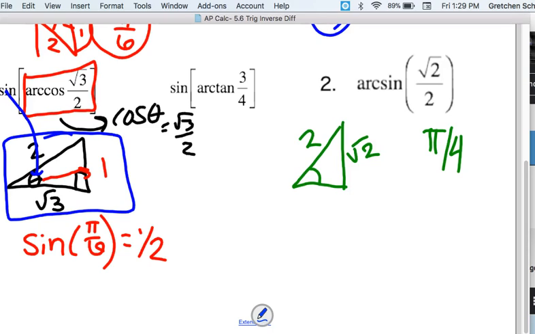So you guys try this middle guy. What's the sine of the arctangent of 3/4? This is not a special right triangle. So start here, make your triangle, figure out the missing side, then take the sine from that angle.